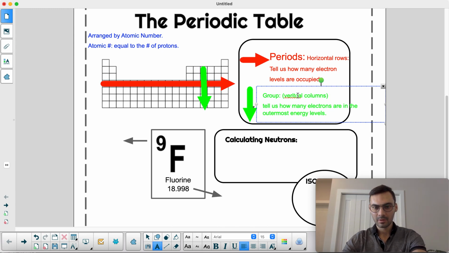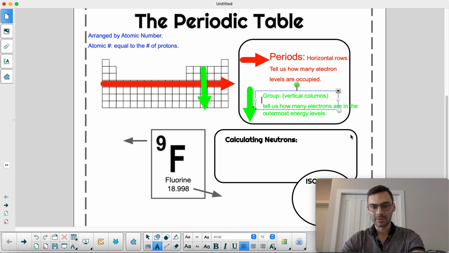Again, don't worry too much about this. What we want to get is that they are the vertical columns. That is the really important part here. So let me just highlight what I really want you to be able to tell me.